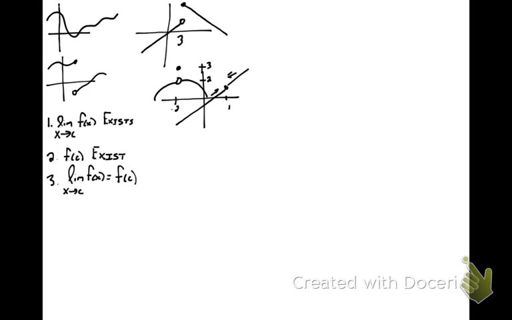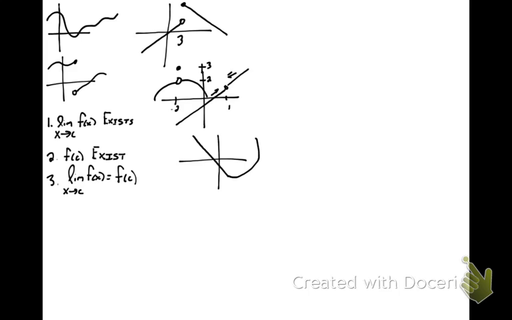In example D, we have a graph that's not smooth at all. It means that it's coming to a point and then headed up. So what's happening here?